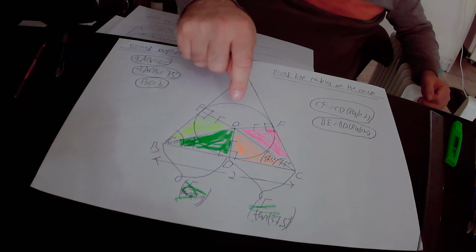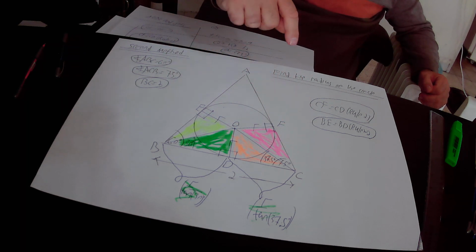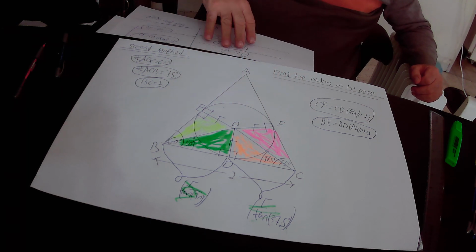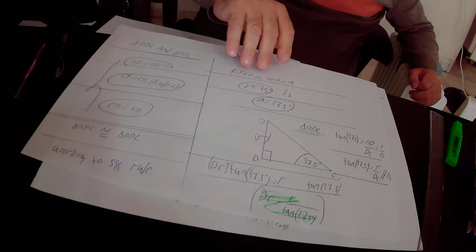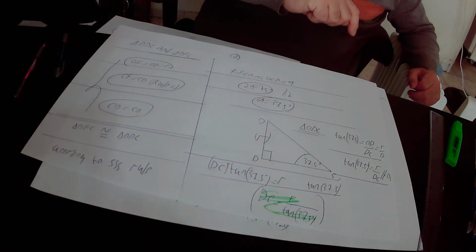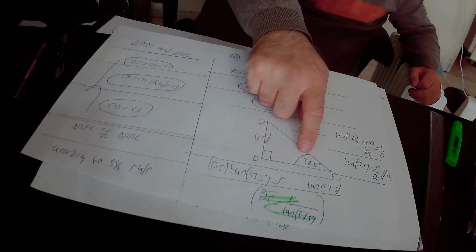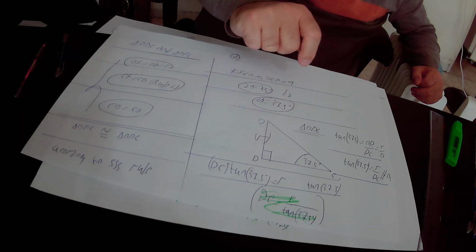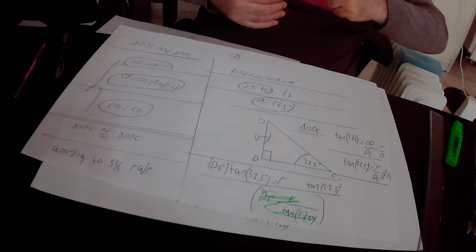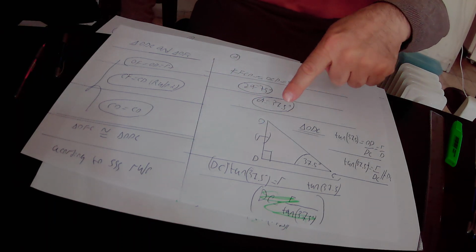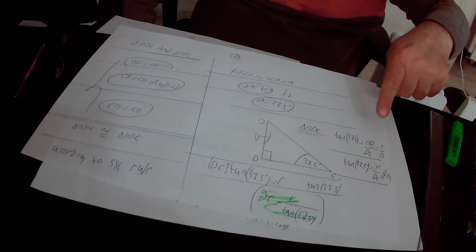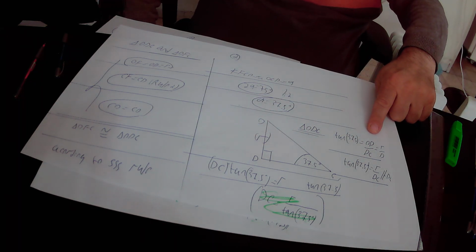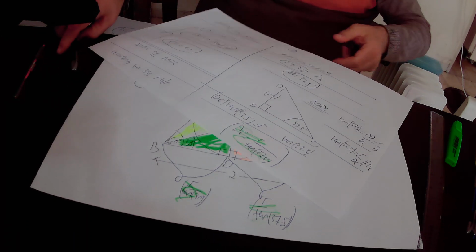Then I copied the orange right triangle ODC onto a new page and we analyze it. This is the right orange triangle ODC that I copied from the original drawing. This is angle alpha, equal to 37.5 degrees, and side OD is the radius of the circle, equal to R. In this right triangle ODC, tan 37.5 degrees equals OD over DC. OD is R, so it is R over DC.